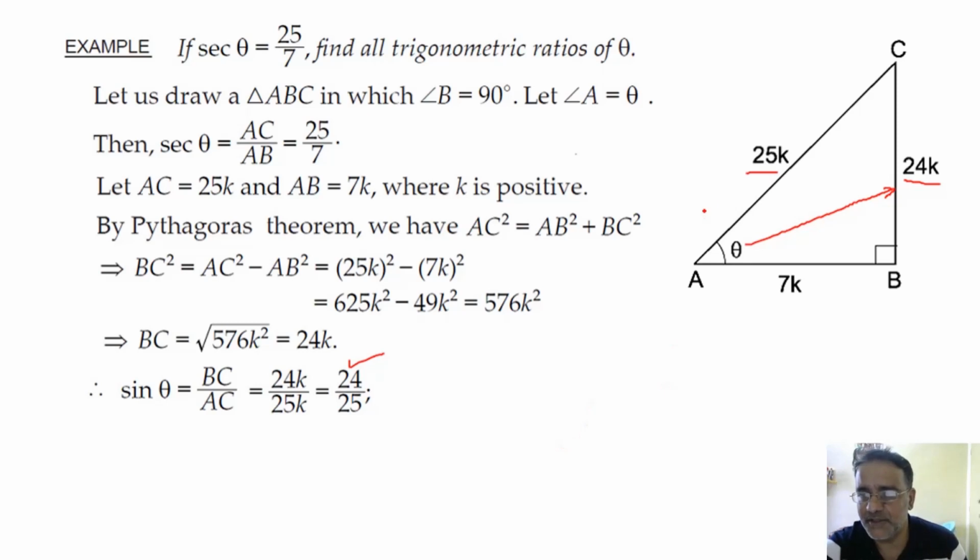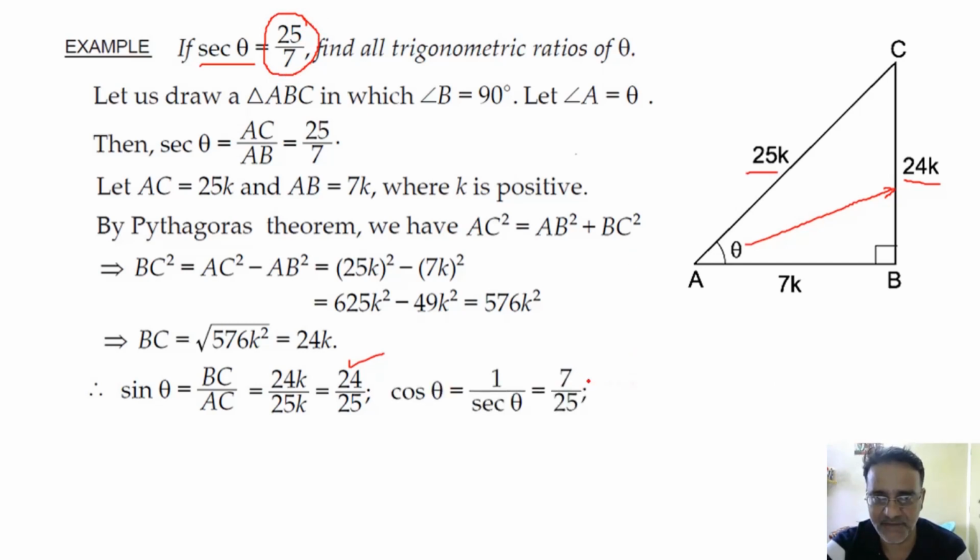Okay. Now cos theta. For cos theta, no need to take adjacent upon hypotenuse because sec theta is already given. So we can take the reciprocal of sec theta. What is the reciprocal of 25 by 7? 7 by 25. Right. Now tan theta also we can find using the sin theta upon cos theta formula, or you can use opposite upon adjacent.